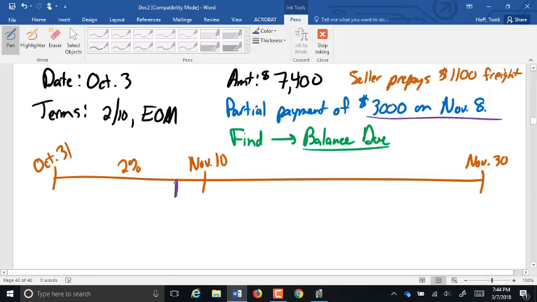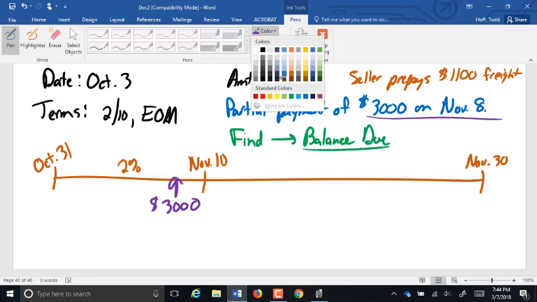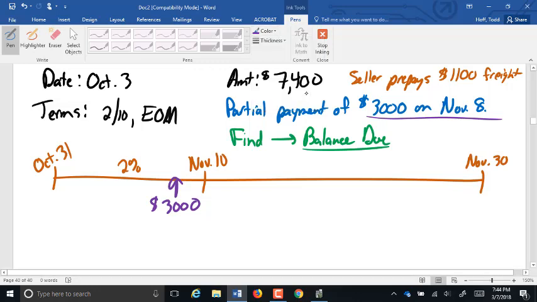They make a partial payment on the 8th. That's that $3,000 payment. Do they get a discount? They do. So do I figure out the credit? Do I take that 3,000 divided by 0.98? Obviously, I'm asking with a grin on my face, so the answer is probably no, right? What do we have to consider first?